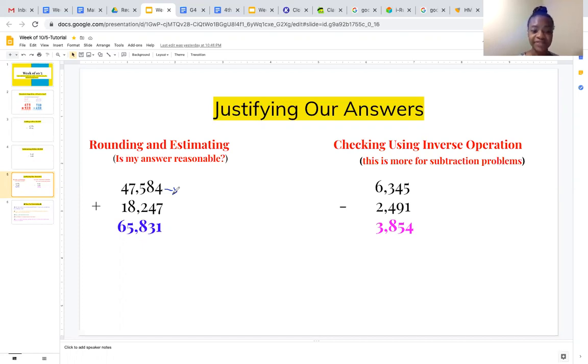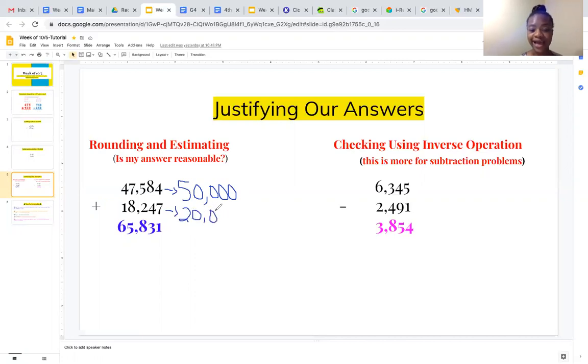So 47,584 rounds to 50,000. This is to the nearest 10,000. And 18,247 to the nearest 10,000 rounds to 20,000.